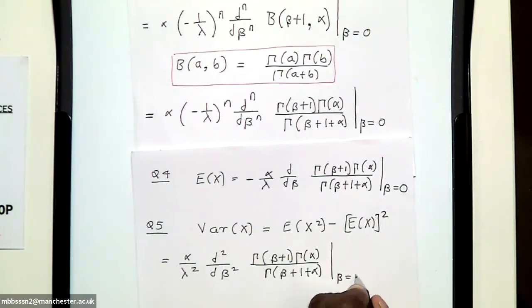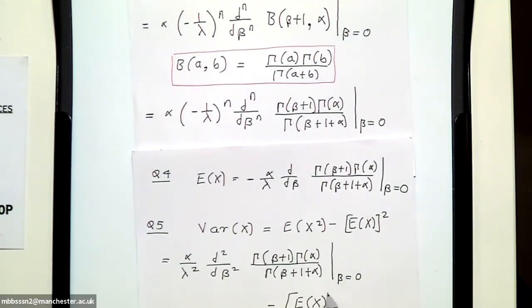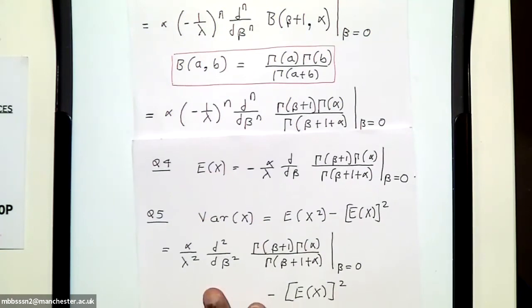This is what you will get if you put n equal to 2. Then you take away the mean, or the square of the mean, which we already worked out. Okay, guys?